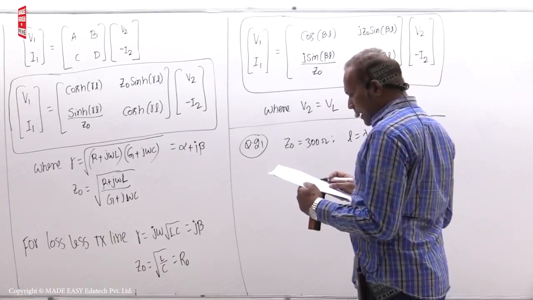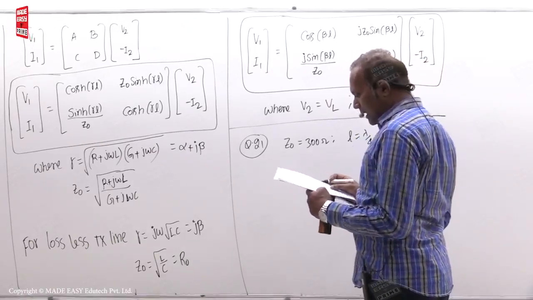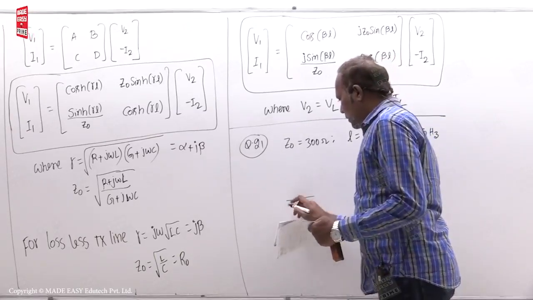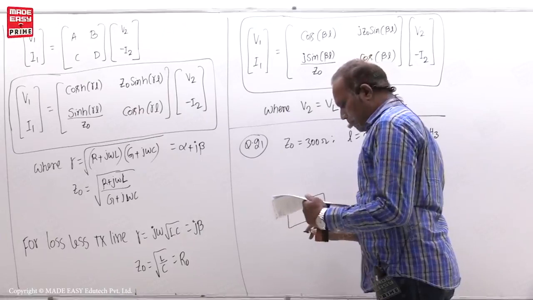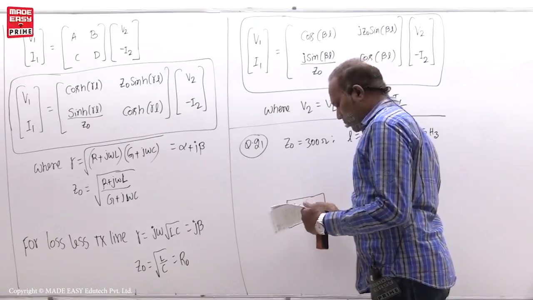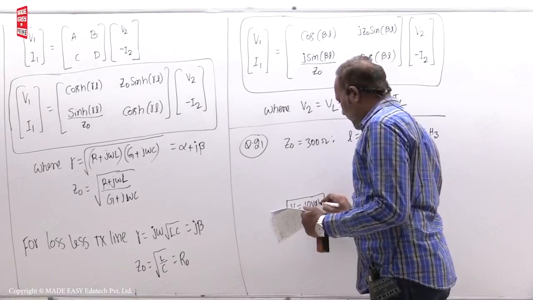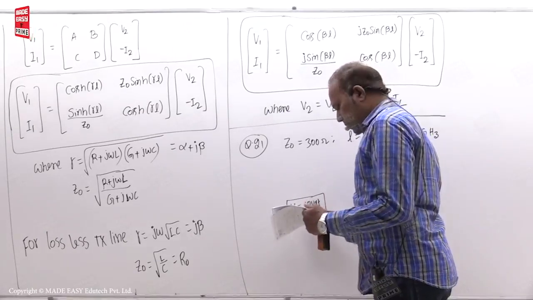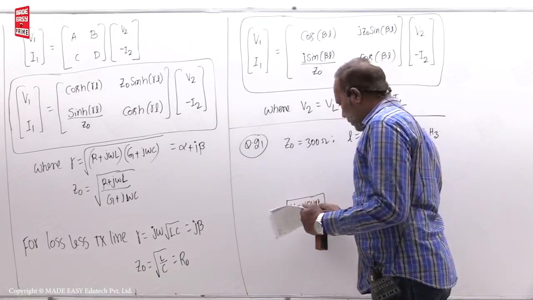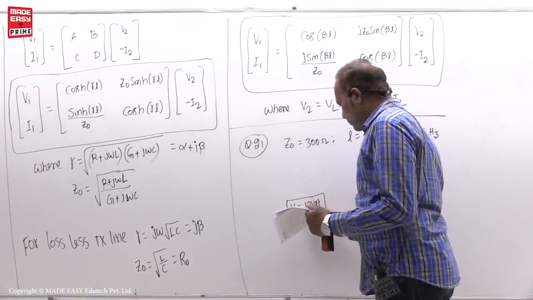It is connected to a voltage source. Actually in the diagram everything is given, students, so I am drawing the diagram. This is the source having voltage V equal to 10 volt, and the internal impedance is ZG equal to 50 ohm.